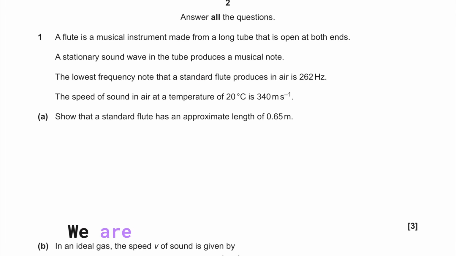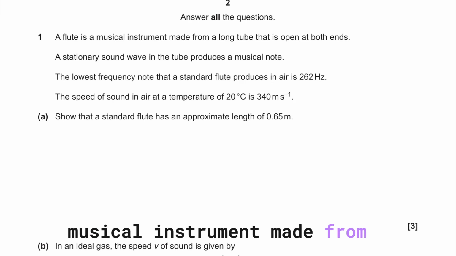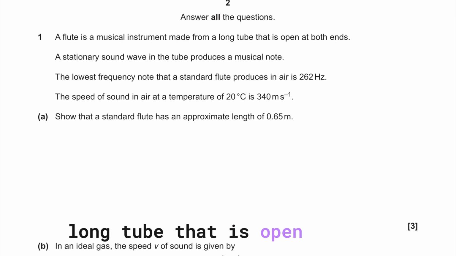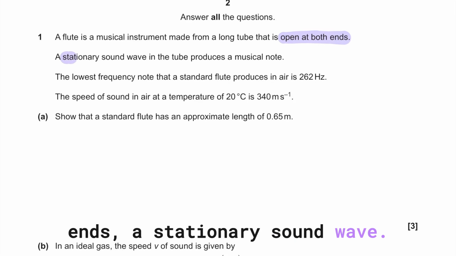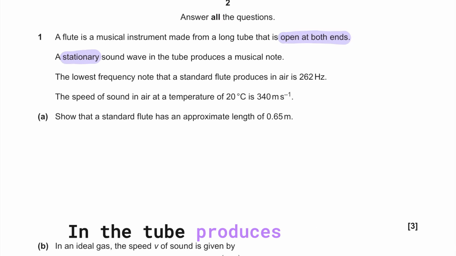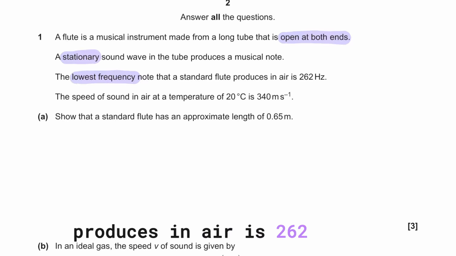In this question, we are given that a flute is a musical instrument made from a long tube that is open at both ends. A stationary sound wave in the tube produces a musical note, and the lowest frequency note that a standard flute produces in air is 262 Hz.